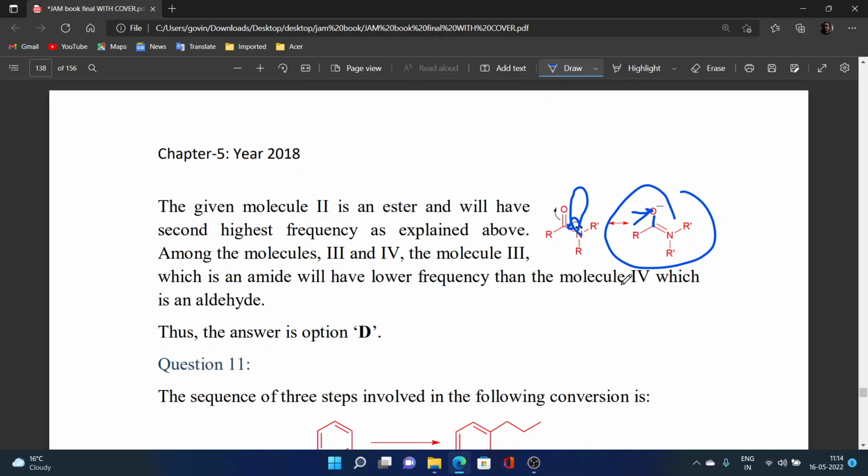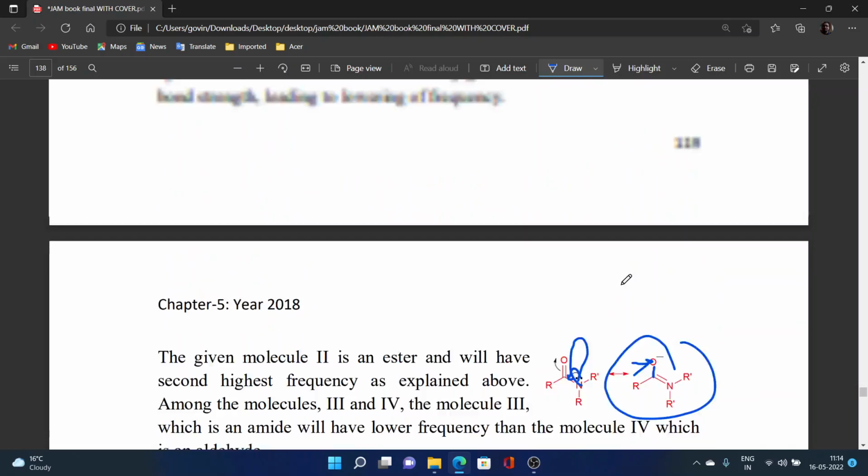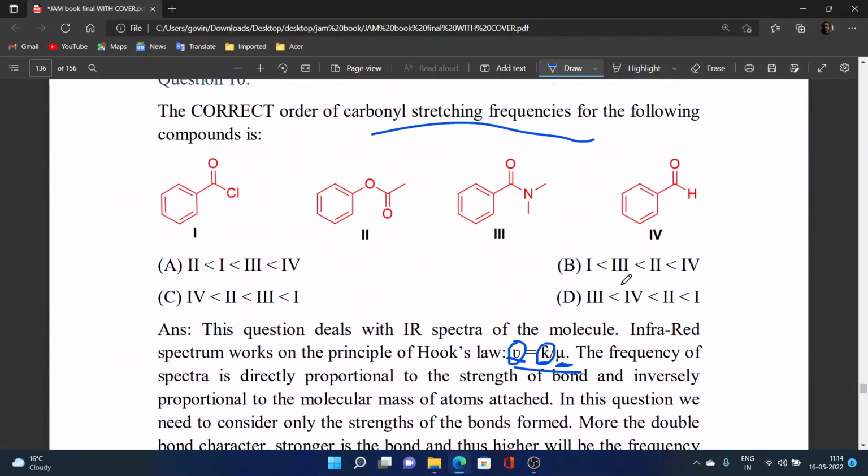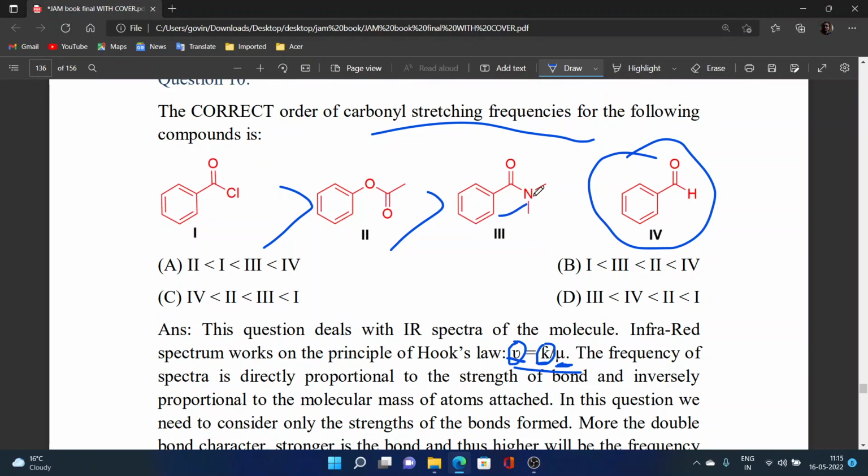It is around 1680 for amide. If you look at the values, this is acyl halide, which should have the highest value, then should be ester, which will be higher than aldehyde, and this is amide. Amide should have the lowest value. So look at the one with highest, so 1 highest, then 2, but it is 3 here, so that's not the right answer. So D is the right answer, 1, 2, 4 and 3.